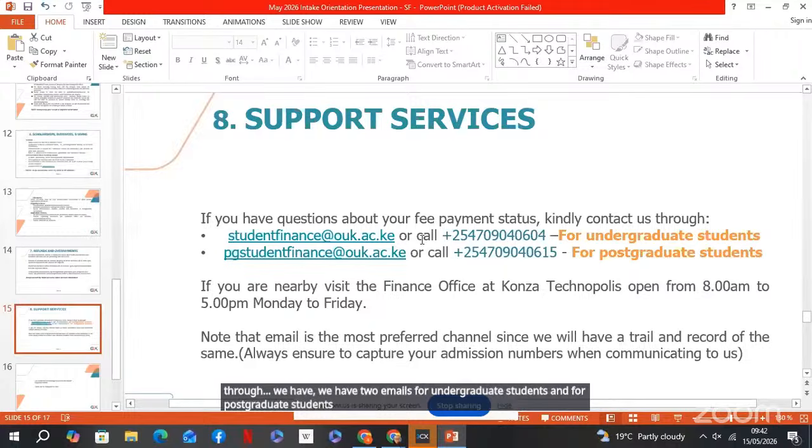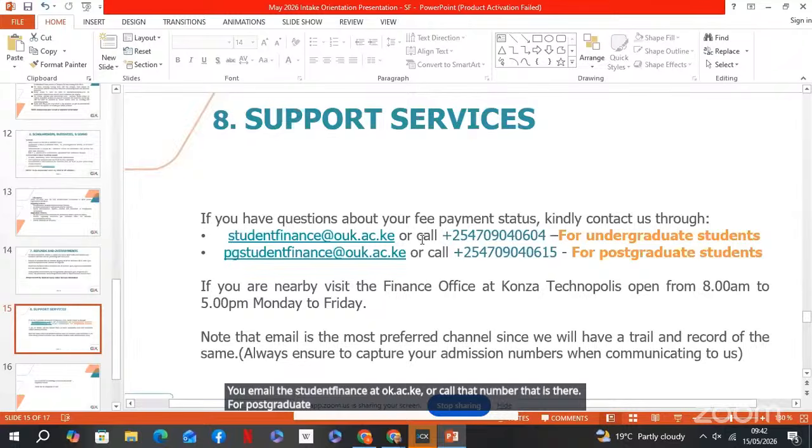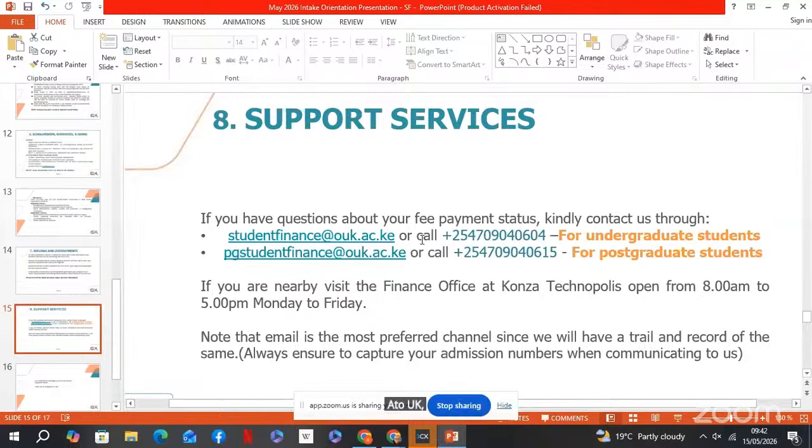For undergraduate students, you email the student finance at ouk.ac.ke or call that number that is there. For postgraduate students, you email the PG student finance at ouk.ac.ke or call that number that is there.